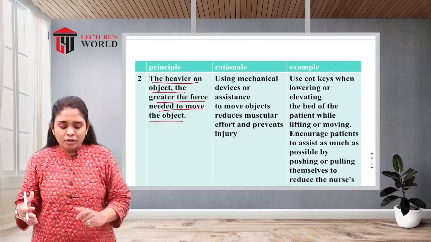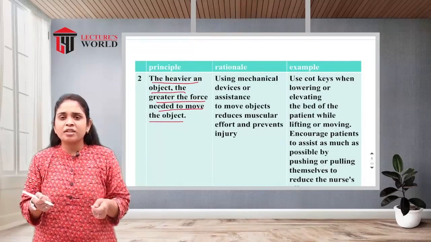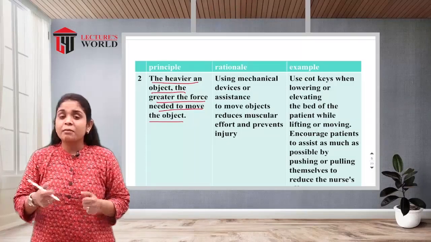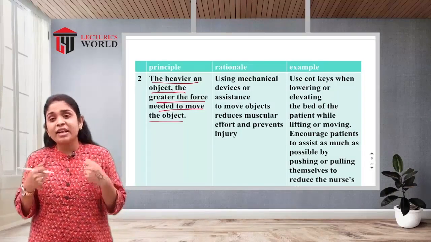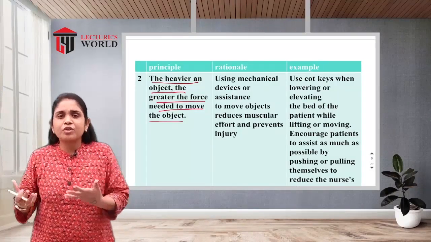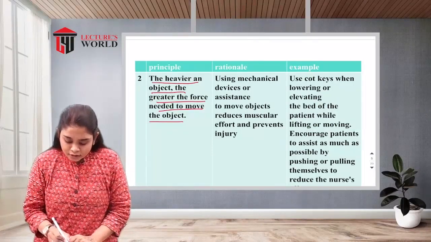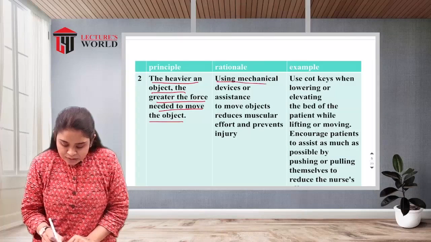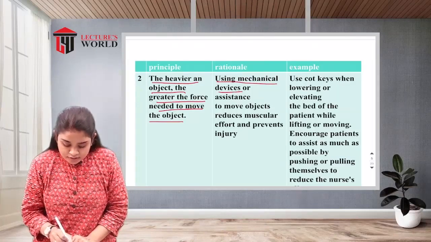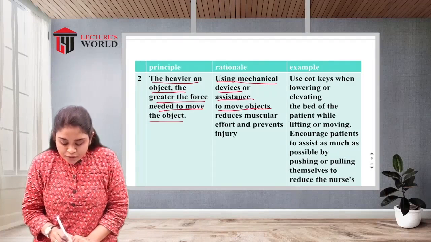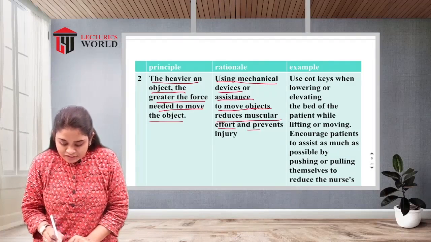If you want to lift a small object, we don't need to use extra energy, but when we are lifting a heavier item, of course we have to use extra strength, right? In that, the rationale given is that using a mechanical device or assistant to move the object reduces muscular effort and prevents injury.